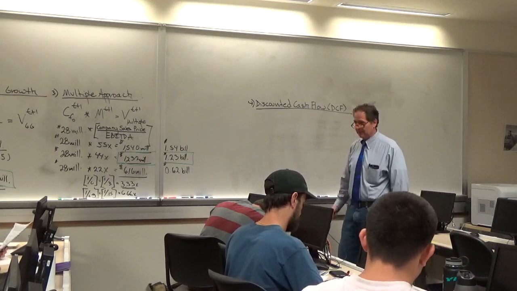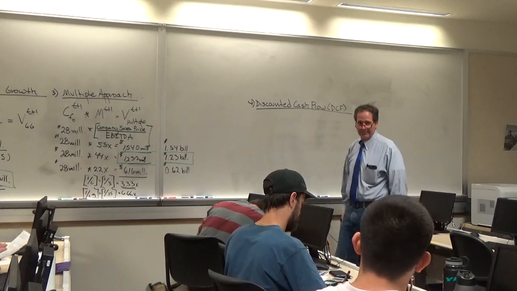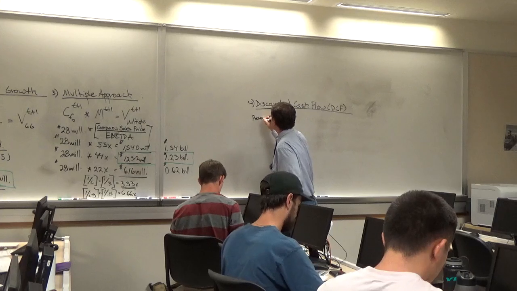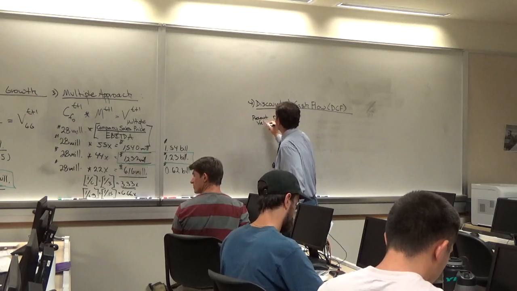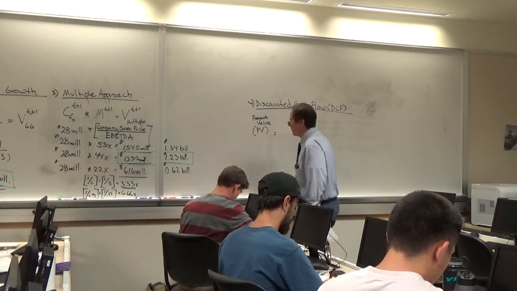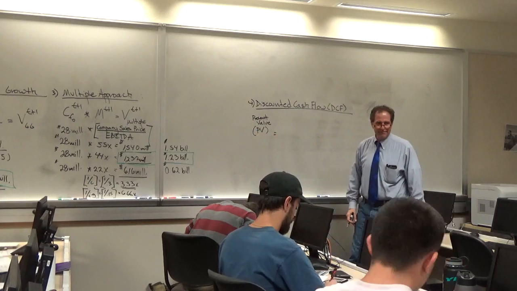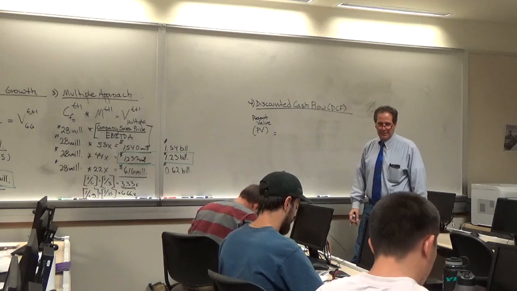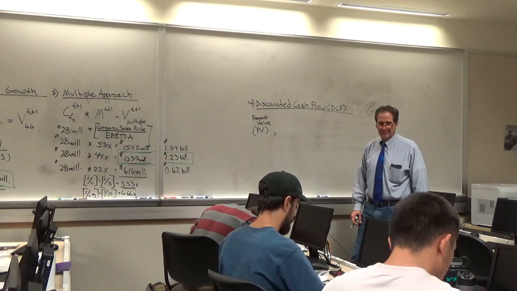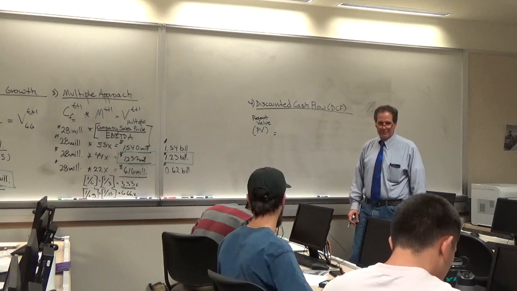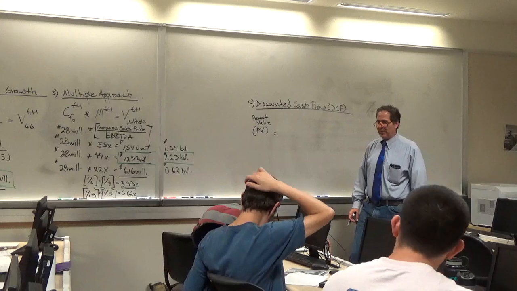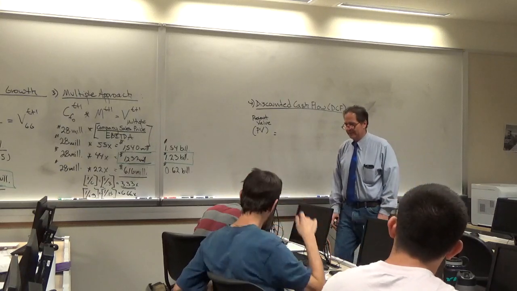It's on the bottom there. Present value, awesome. Got it, PV, excellent. Now what do we need to know to set up the discounted cash flow equation?